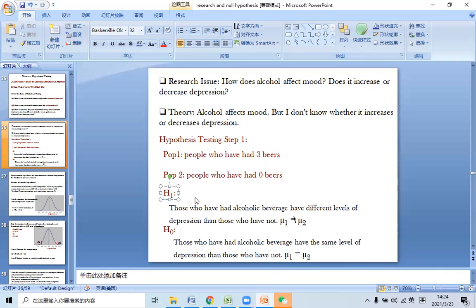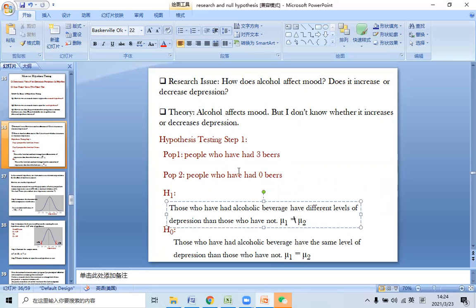And then your hypothesis. The research hypothesis, or alternative hypothesis, says those who have had alcoholic beverages, 3 beers, would have different levels of depression than those who have none.